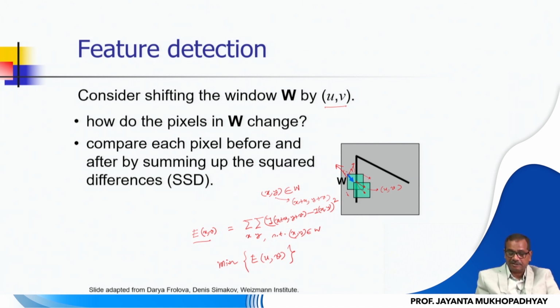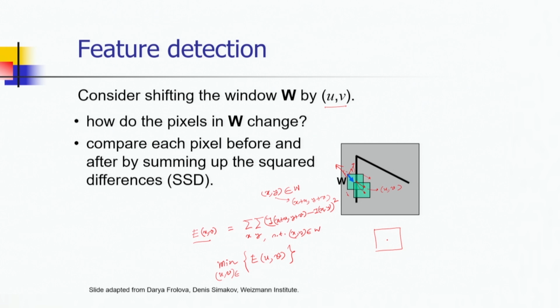So if it's a discrete space, centering this point, I will move in different directions. These are my set of uv, again coordinates in W. Whatever directions are there in W, I am moving there. This is my minimum error, and I would like to take those points where this minimum error is significantly high.